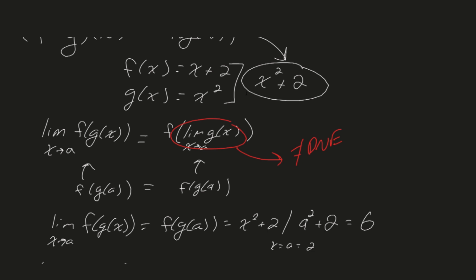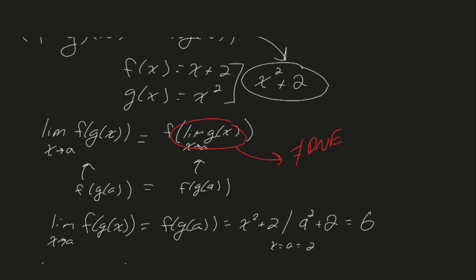So we already know that the limit of g of x as x approaches 2, we calculated that earlier, it's going to be 4. So this turns out to be f of 4. And what is f of 4? Well, remember what f is. F is x plus 2. So that means that this is going to turn out to be 4 plus 2, which is 6. So these are just some examples of this working, but I do promise you it's proven.